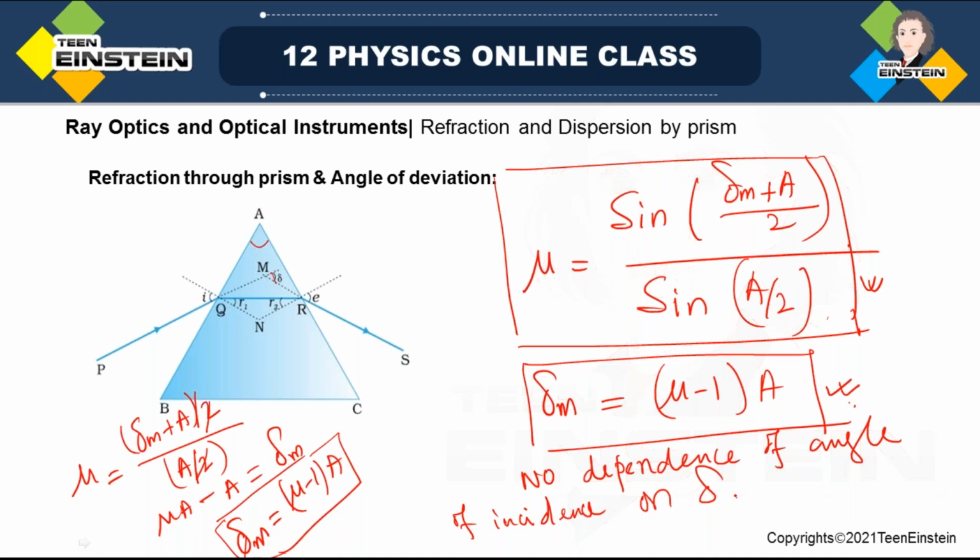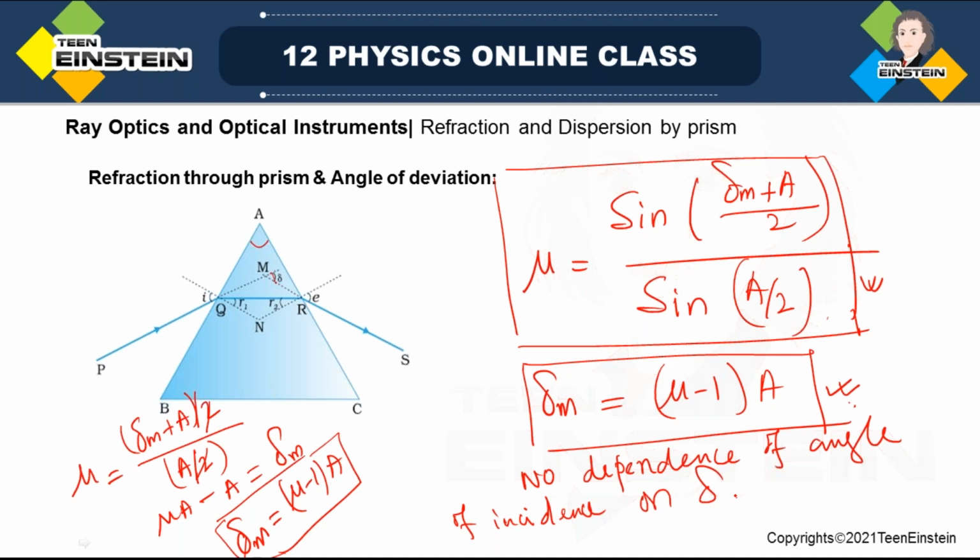So the minimum value of the angle of deviation suffered by a ray on passing through a prism is called the angle of minimum deviation, and that is denoted by delta m, that we have already discussed. So from here I can give you a few special cases regarding these formulas.